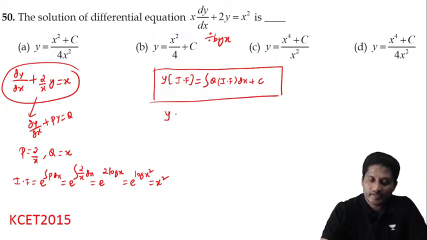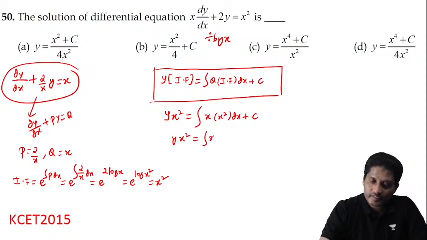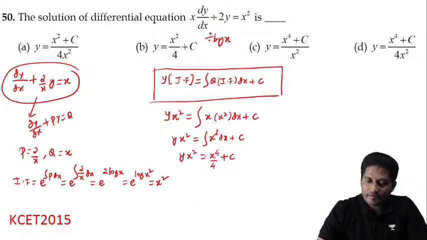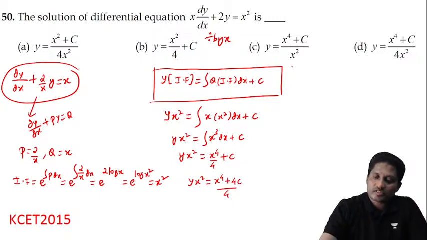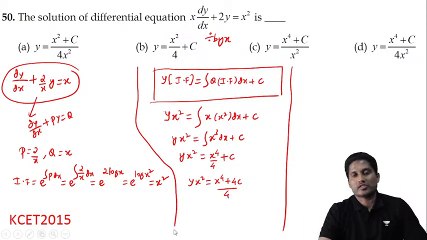We get y into the integrating factor, which is x square, equal to the integral of Q, which is x, times x square, plus c. y into x square is equal to the integration of x cube, okay, which is x power 4 divided by 4, plus c. y x square is equal to (x power 4 plus 4c) divided by 4. See, 4 is a constant, c is also a constant, 4c is also a constant.